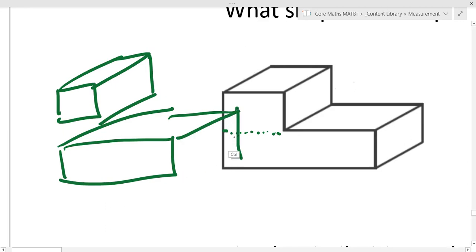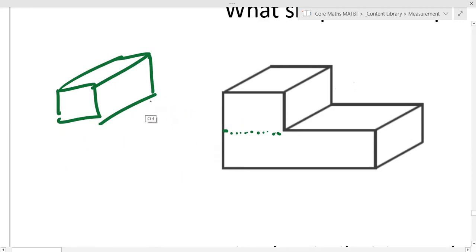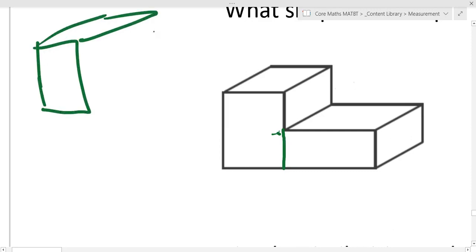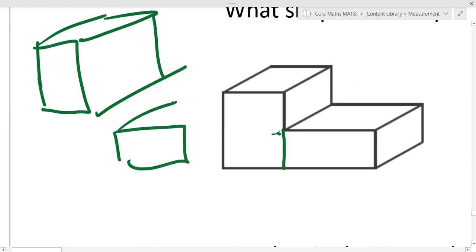Or what's the other way that you could cut it? Well, some of you might have gone this way as well. This also works where you go this way. So that means you'll have a rectangle that looks like that, there, and then a shorter one that goes like this.